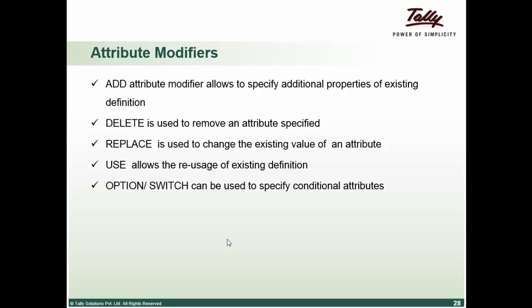Use allows us to reuse an existing definition, which could be the default or a program written by the programmer. The local attribute is used in the context of the definition to set the values of a particular attribute for that particular definition. Option and switch can be used to specify conditional attributes.